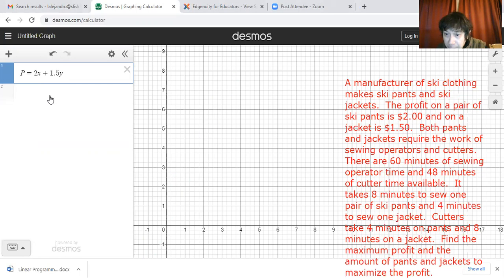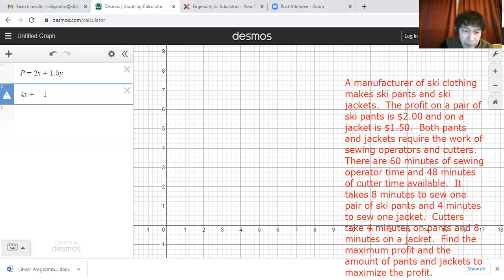We have the cutting time and sewing time. Let's start again with the cutting time. That'll be 4 minutes for pants, so that will be 4x, and then we have 8y for the jacket, and cutting will not exceed 48 minutes.